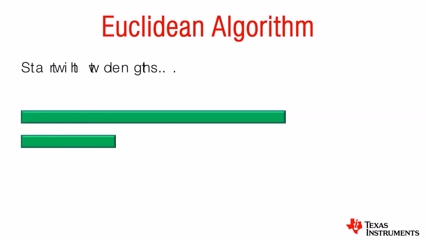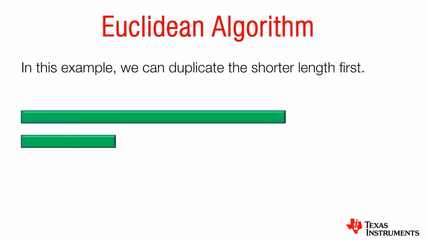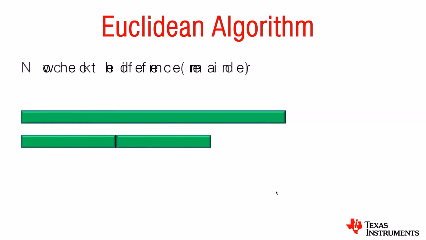I'm not sure. But what the algorithm says is, you know what? Let's just find out how many times that smaller length goes into the bigger length. But what's left over? So we're interested in the remainder. Should ring true to what we had before, the modular arithmetic thing.